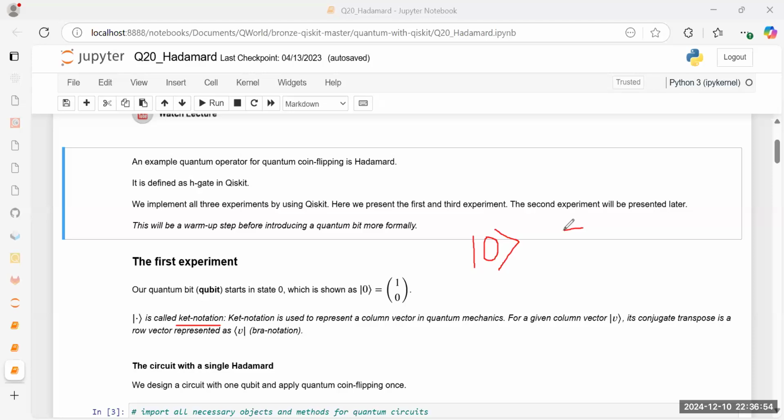Initially, when we were representing our classical probabilistic states, we used the symbols you see here. But now that we're discussing quantum states, we're going to use the Ket notation, which utilizes the symbols you see here. So we have the 0 state, and similarly, we also have the 1 state, which has the vector you see here.